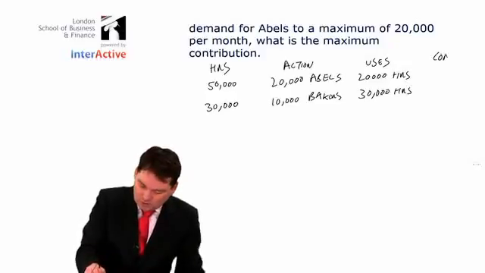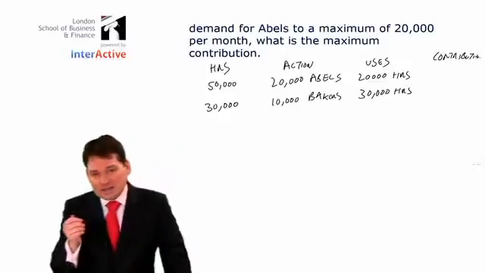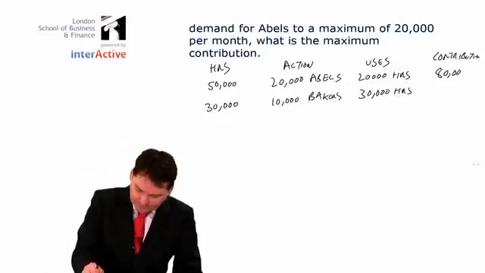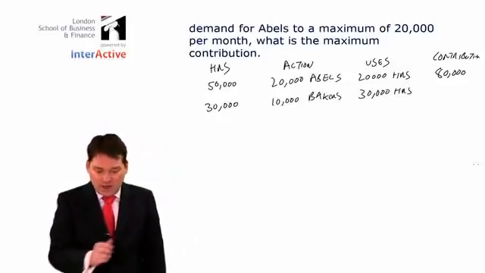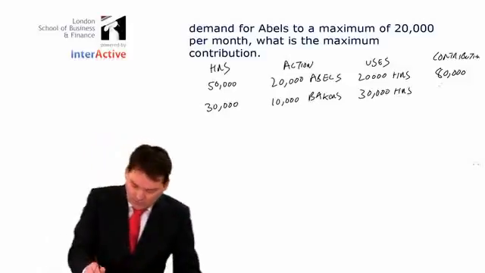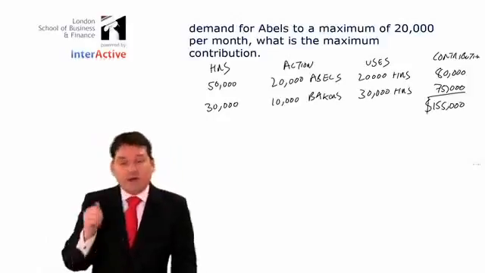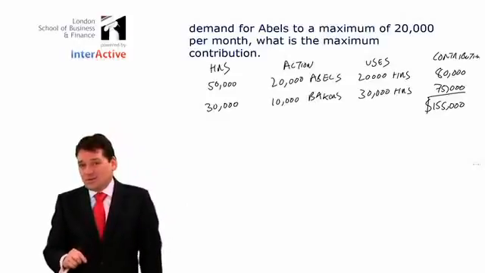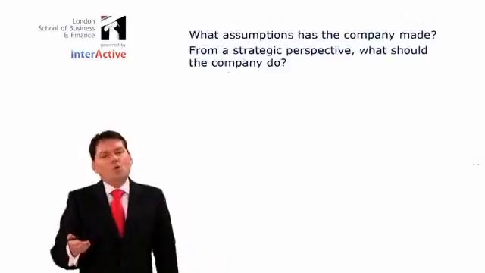So what's the contribution that we're going to make? Remember, Able is $4 per unit. Baker is $7.50 each, and we're making 10,000 of them, 75,000. So that's $155,000. Notice that's not as good as making 50,000 Ables. But we can't make 50,000 Ables because we can't sell them.